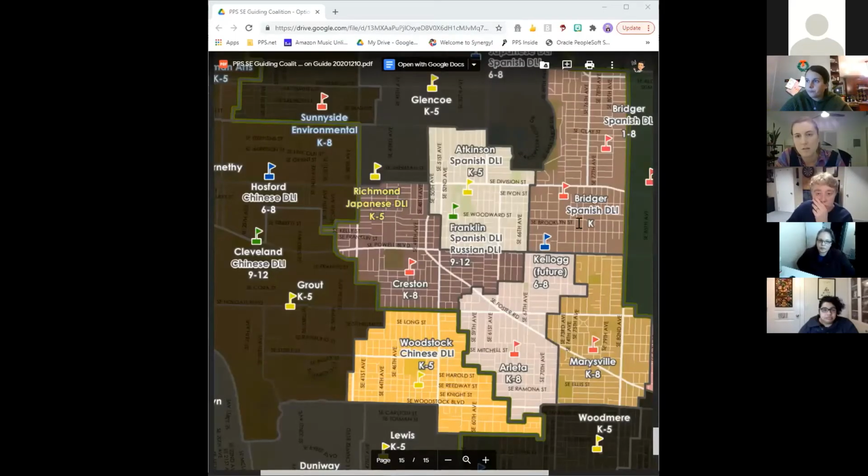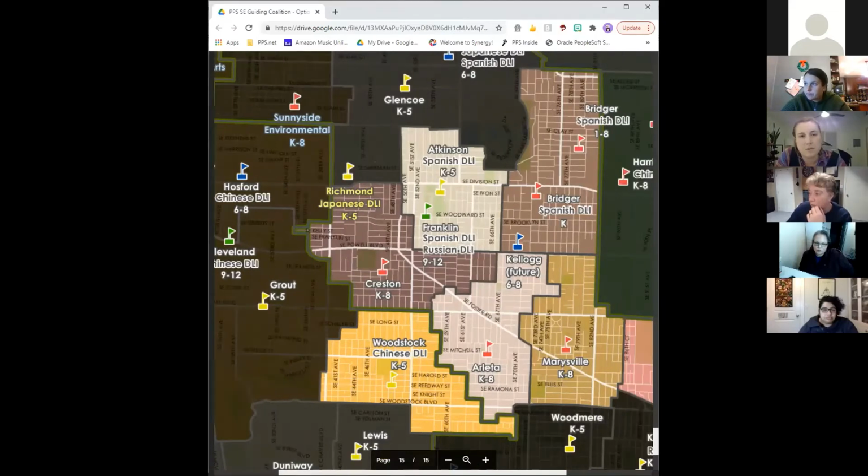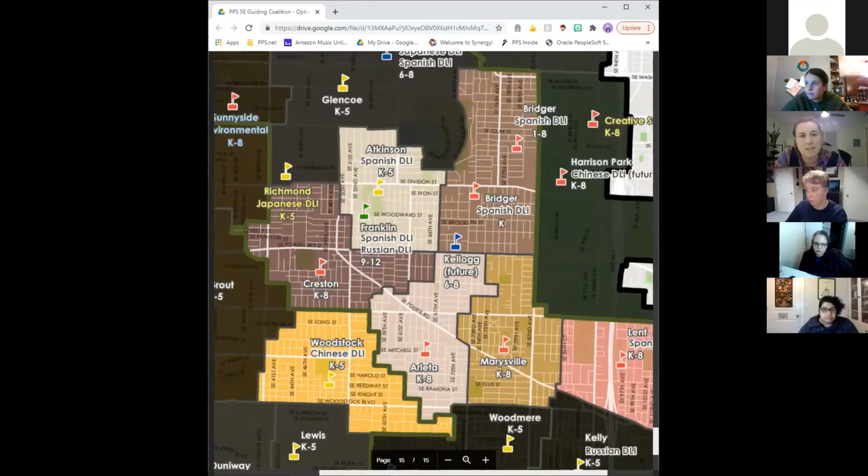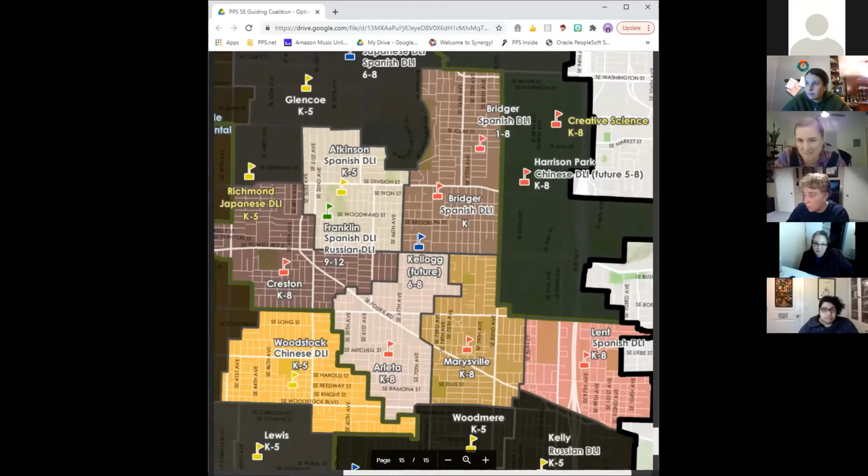I completely understand families being concerned about being closer to one school than the school they are assigned to, but I don't think that argument is really in line with the RESJ lens, because that is what we are trying to make decisions based on, right? If you look at the map, if you scoot it over east a little bit, you can see that a really large portion of the Harrison Park boundary is a lot closer to Kellogg than it is to Harrison Park.